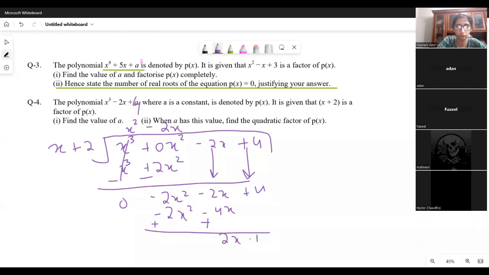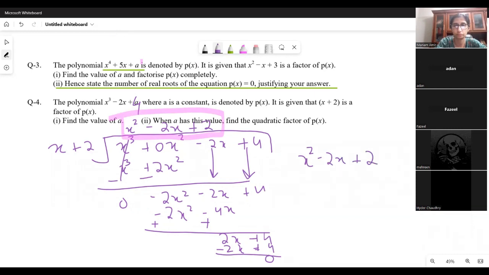So 2x plus 4, so plus 2 and 2x plus 4, which gives 0 as remainder. So find the quadratic factor of p(x). So this quotient is the quadratic factor of p(x). So the answer is x square minus 2x plus 2. Any further questions, Marine?